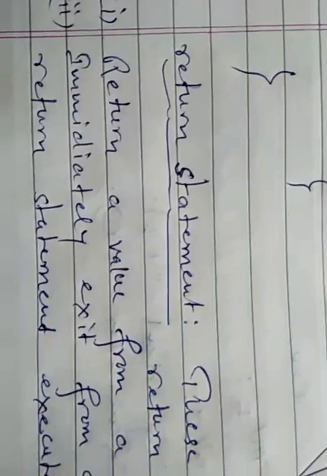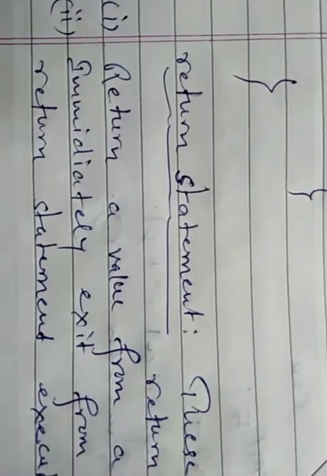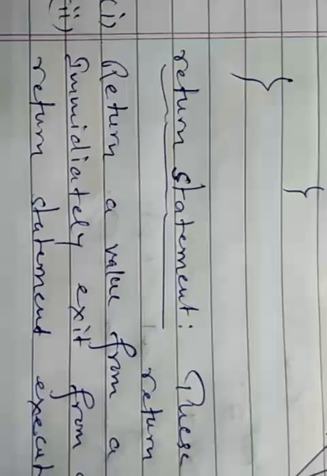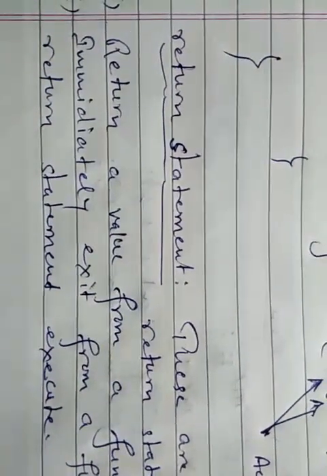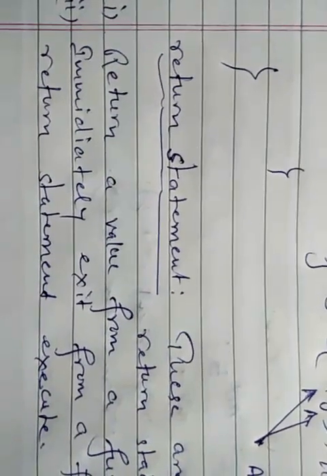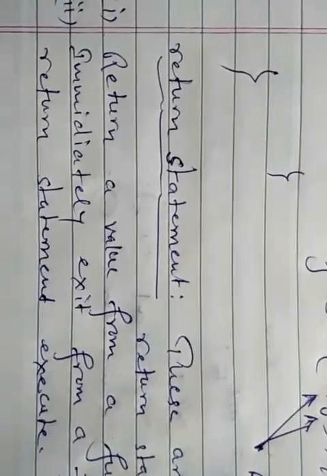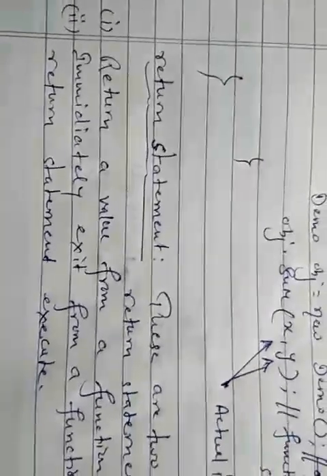Now the next one is what is the use of the return keyword or a return statement. There are two main works of a return statement. First, return a value from a function, and second, immediately exit from a function when the return statement executes.